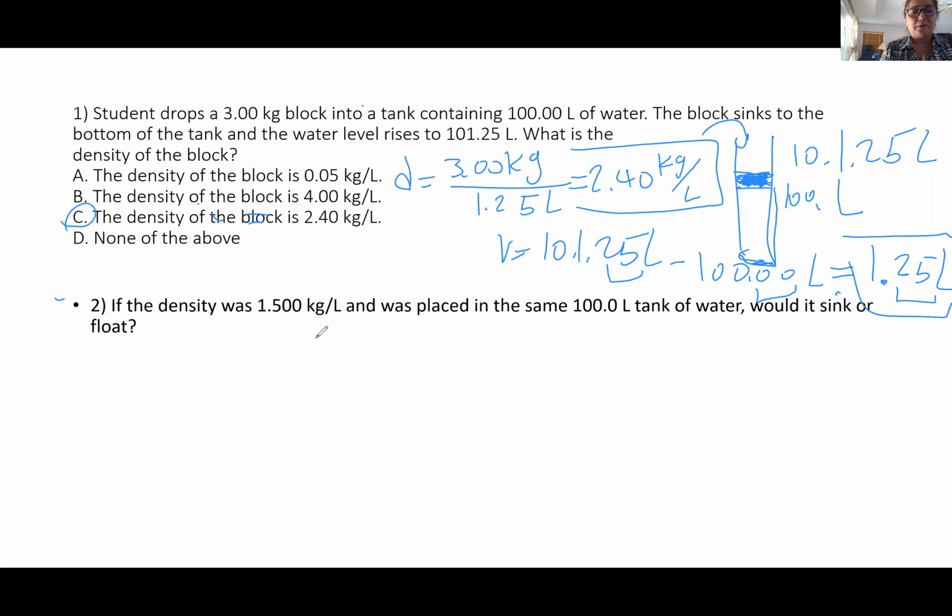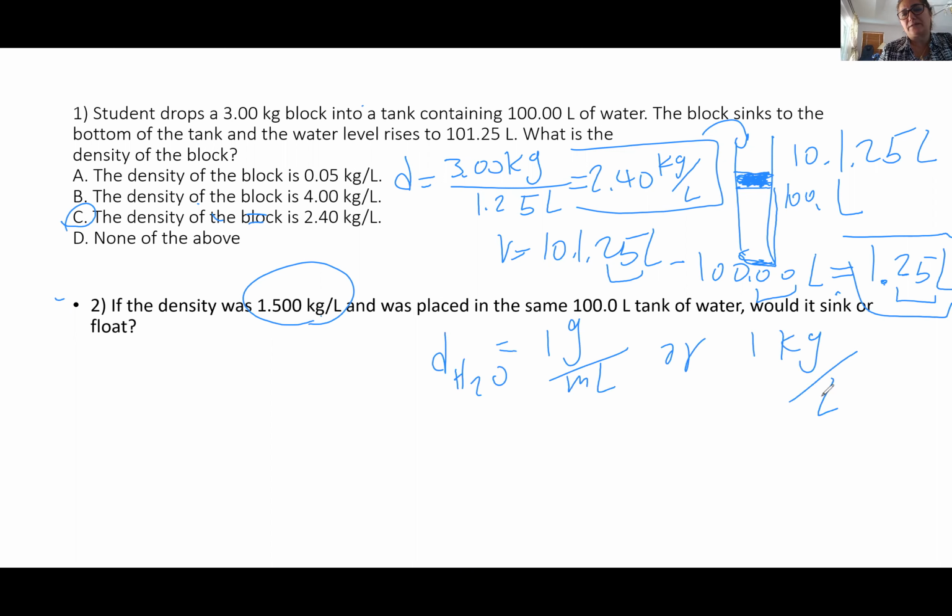Now, the second part of the question is asking if the density was 1.5 kilogram per liter and you place it in the tank, would it sink or would it float? What makes the object sink or float is the density. If the density of the object is lower than the density of water, then it will float. If it's greater, it would sink. What you need to know is that density for water is 1 gram per milliliter or 1 kilogram per liter.